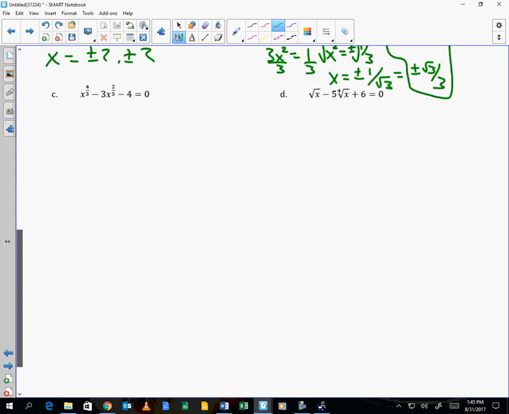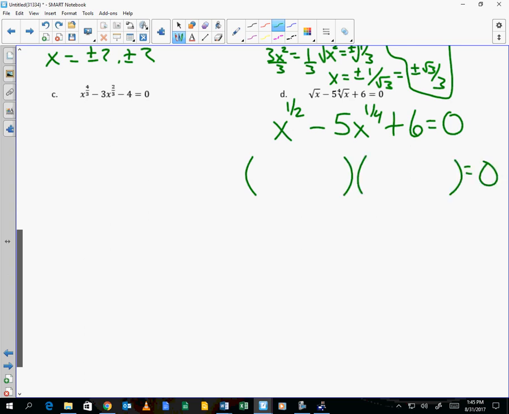Okay. All right. I'm going to rewrite this one as x to the 1/2 minus 5x to the 1/4 plus 6. This one will be easier. What do I do about that x to the 1/2? What do you multiply to get x to the 1/2? X to the 1/4. And how about, good, minus 2, minus 3.